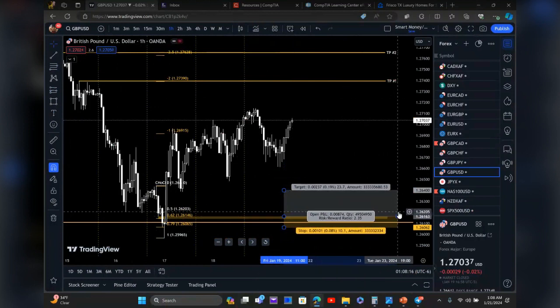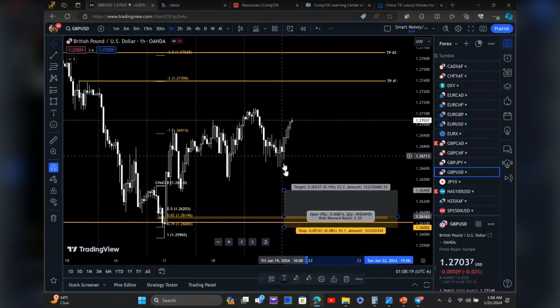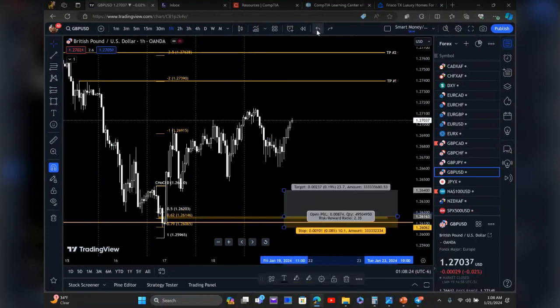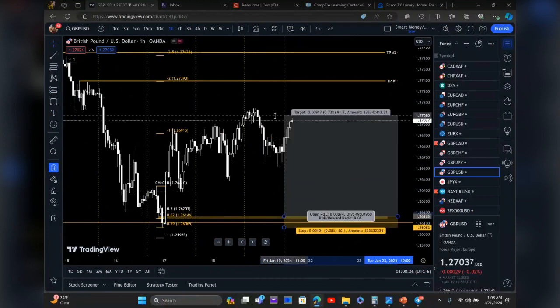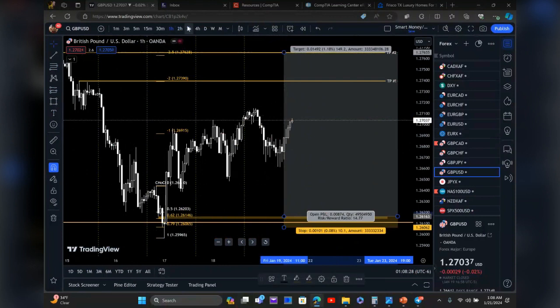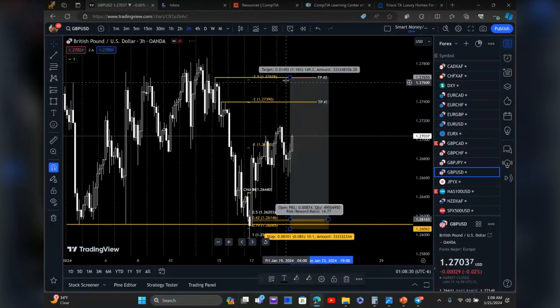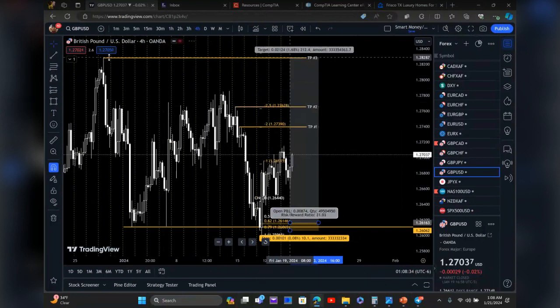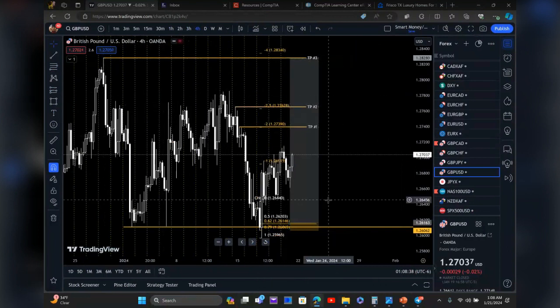All right. And my target would be all the way up at take profit number 4. Right there. 211 pips.